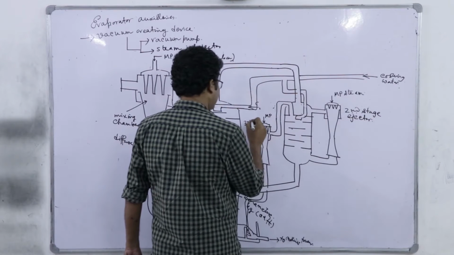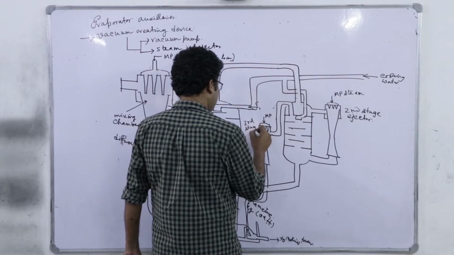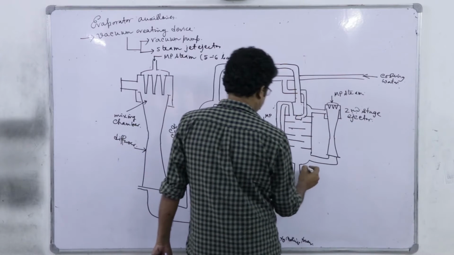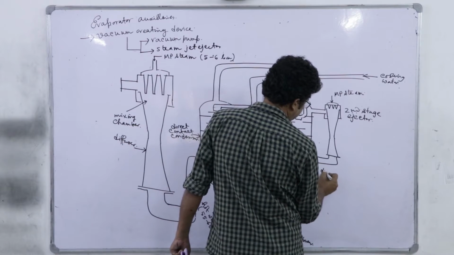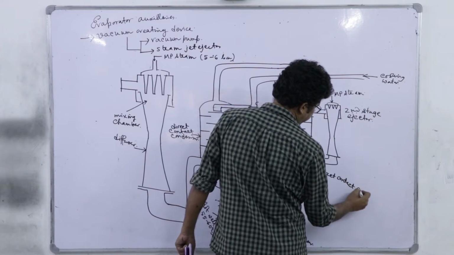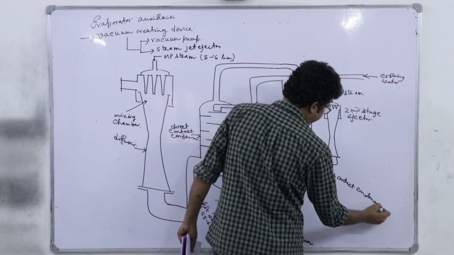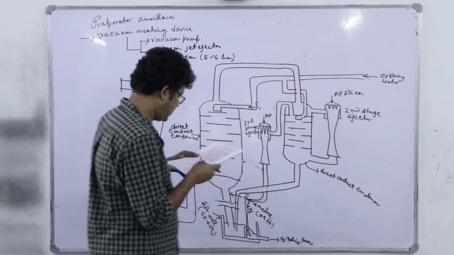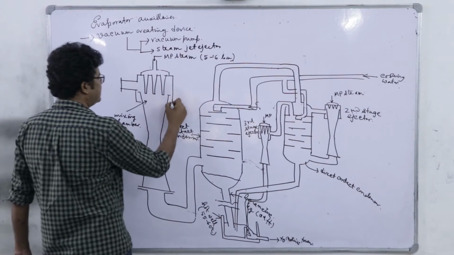This is the third stage ejector, and again a direct contact condenser, right, and this is the first stage ejector.